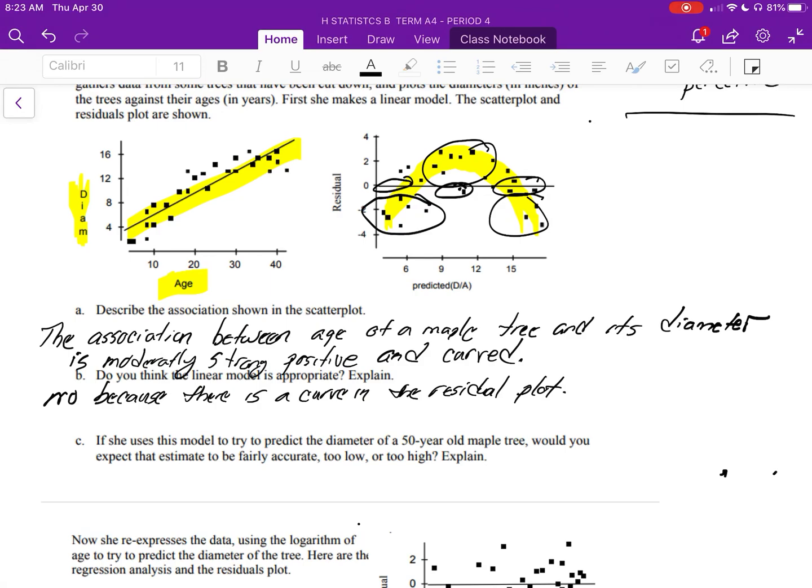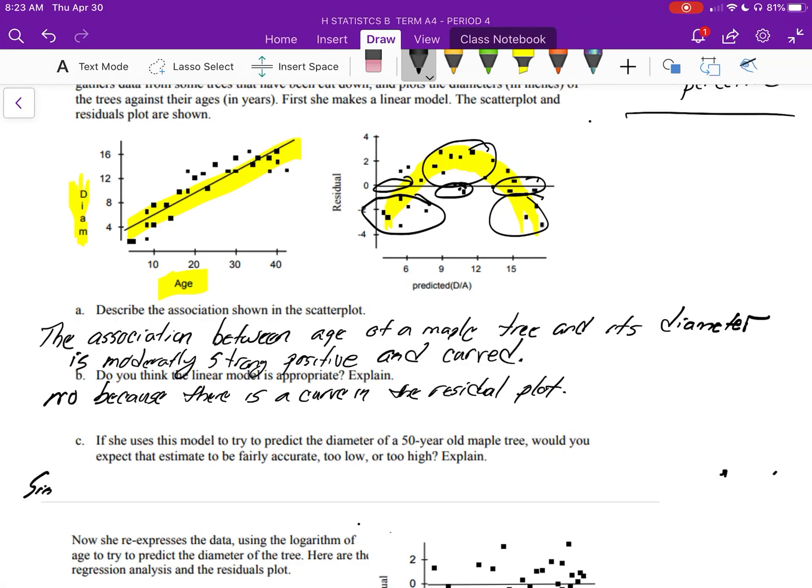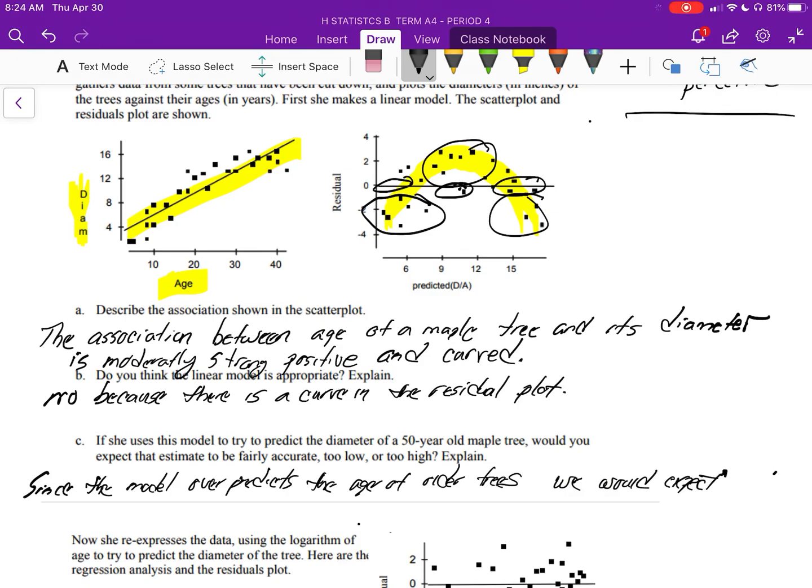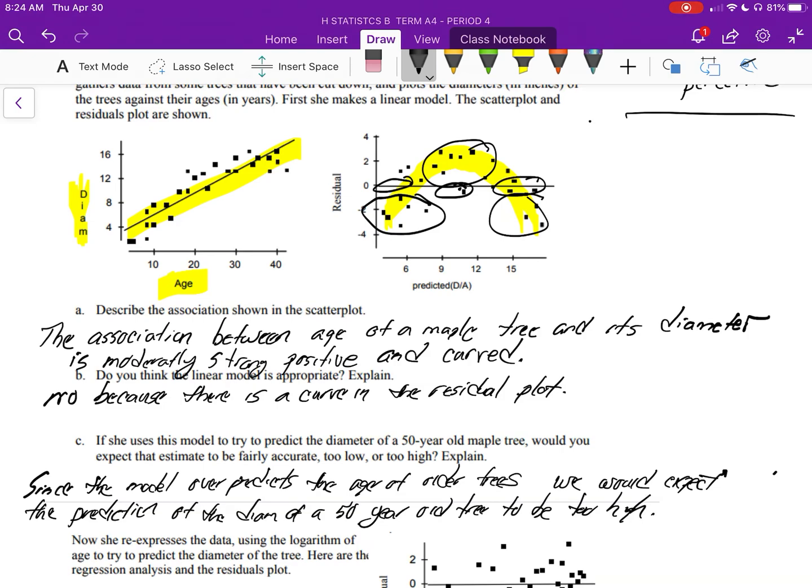So we would say something to the effect of, since the model overpredicts the age of older trees, we would expect the prediction of the diameter of a 50-year-old tree to be too high.